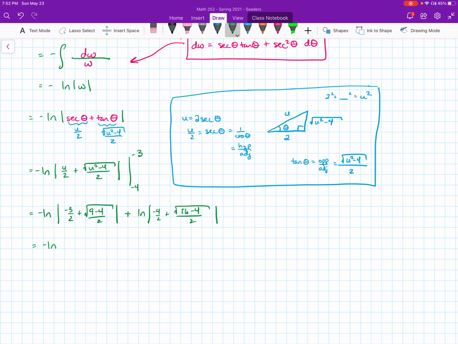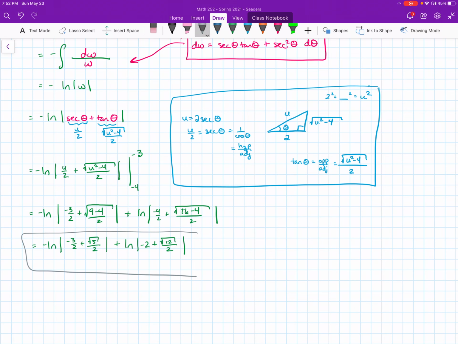I get negative natural log of -3 halves plus square root of 5 halves, plus the positive natural log of -2 plus the square root of 12 halves. And of course I could find a decimal approximation for this, but we finally found this integral.